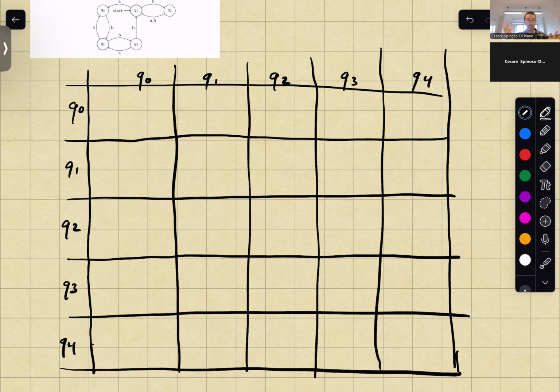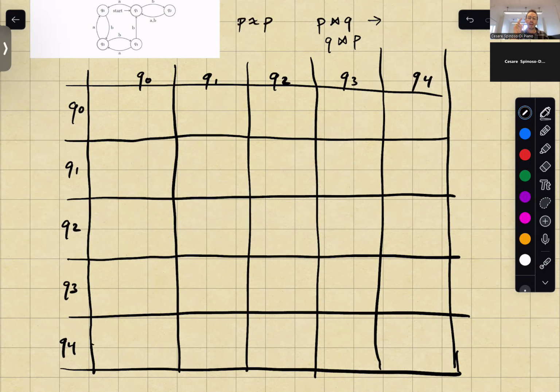And the nice thing about this algorithm and about distinguishability is that it's commutative, right? So if P is distinguishable from Q, then this implies that Q is distinguishable from P. So that means that I don't have to do the whole table. I only have to do the lower or the upper half, whichever you want. I'm also not going to do the diagonal because, of course, a state is indistinguishable from itself, right?